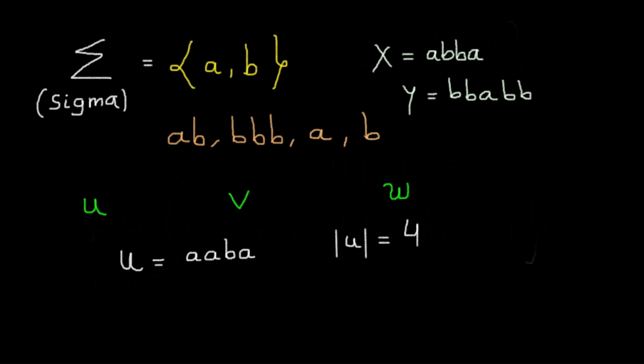Now, it is important to differentiate on one side the length of a given word. In this case, we have U and its length. And then, on the other side of the coin, we need to distinguish this from the notation of cardinality of a given set. On this course, we will represent the cardinality of a given finite set in the following way.